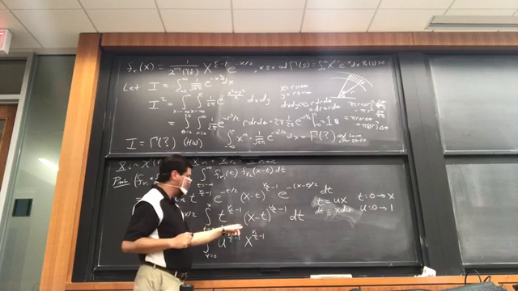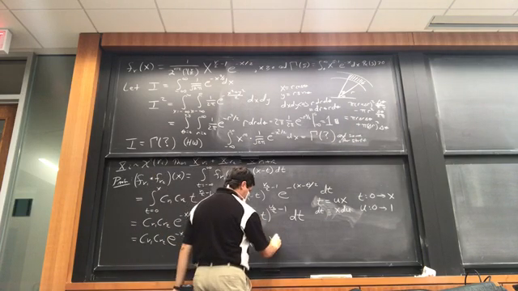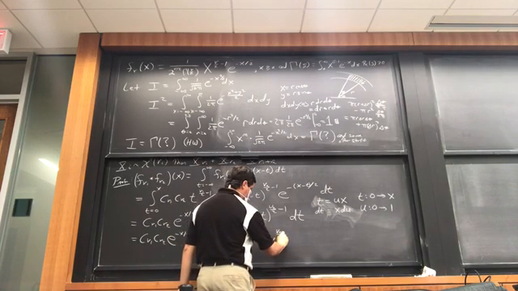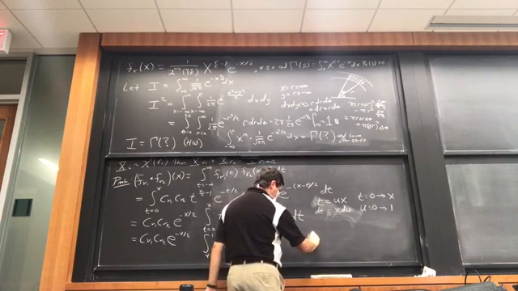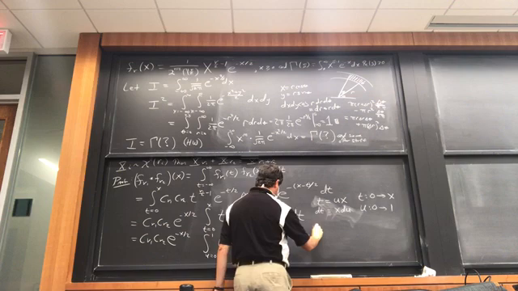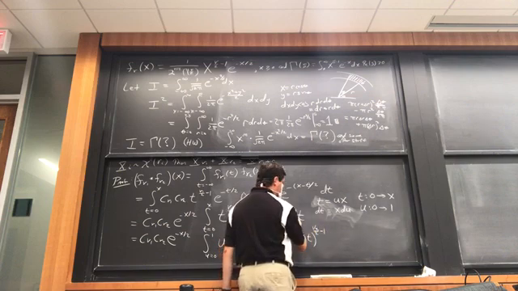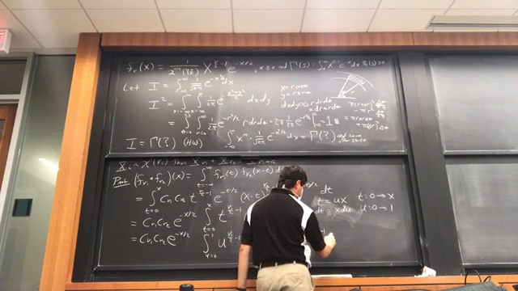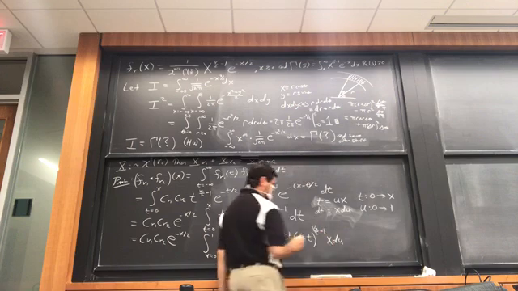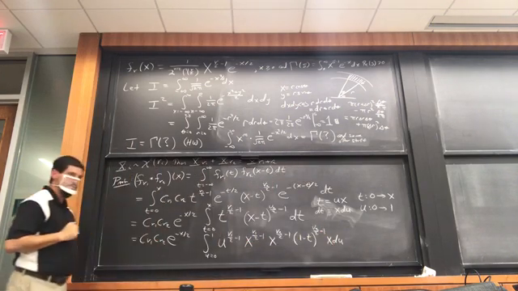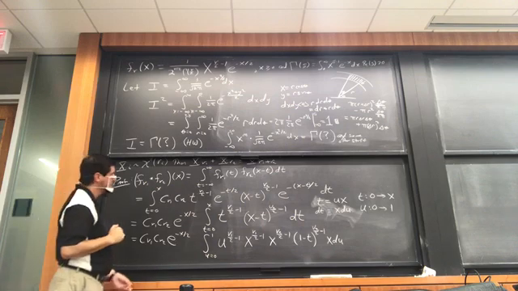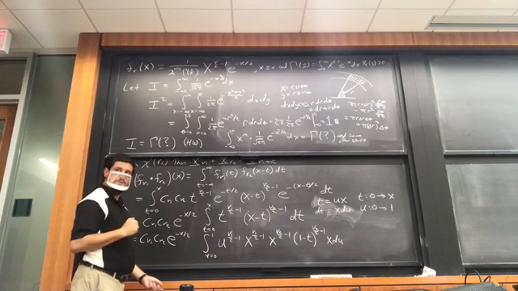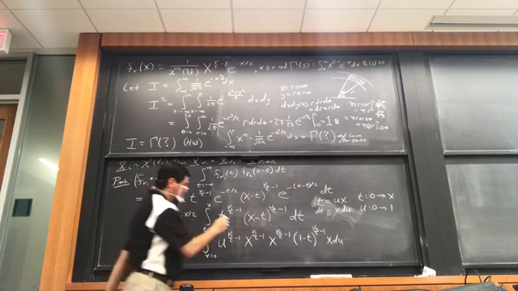So I can pull out an x. So I get an x to the nu 2 over 2 minus 1, and then I'll get a 1 minus u to the nu 2 over 2 minus 1, and then dt is just going to be x du. And so when I look at this, yes? This t should be a u, absolutely.